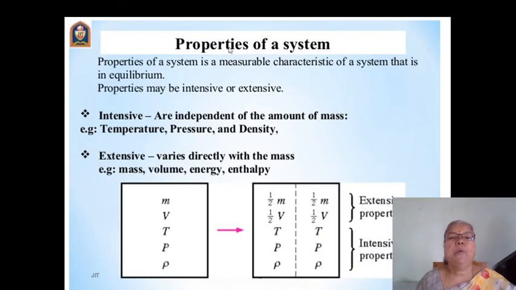Then the properties of a system. A property of a system is a measurable characteristic of a system that is in equilibrium, and there are two types of properties: intensive properties and extensive properties.